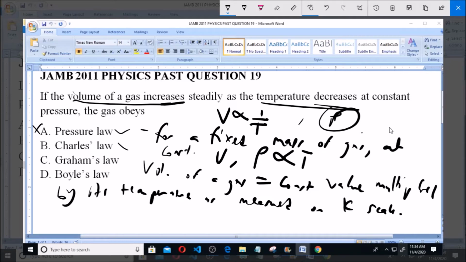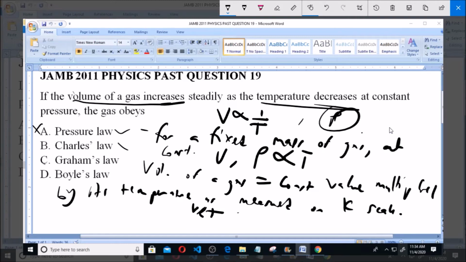So this basically indicates that there is a direct relationship between volume and temperature, if the pressure is constant.